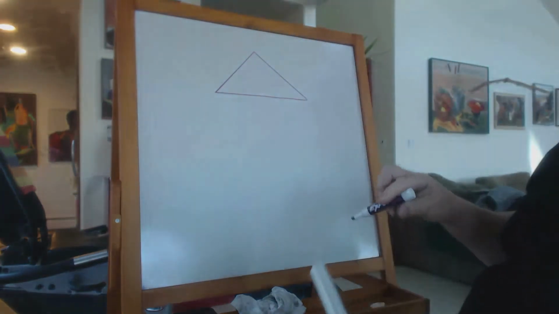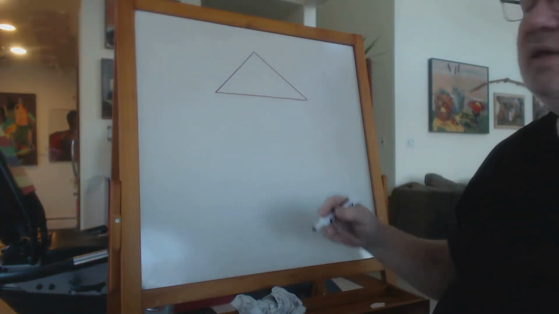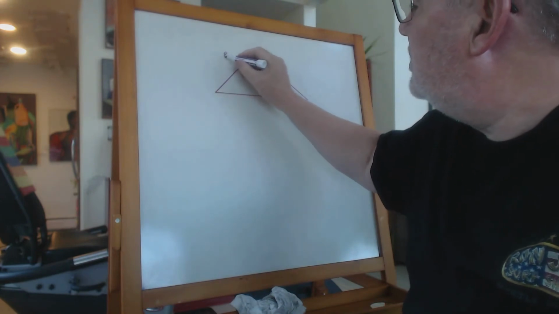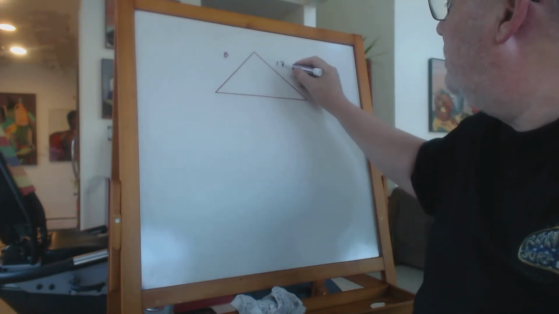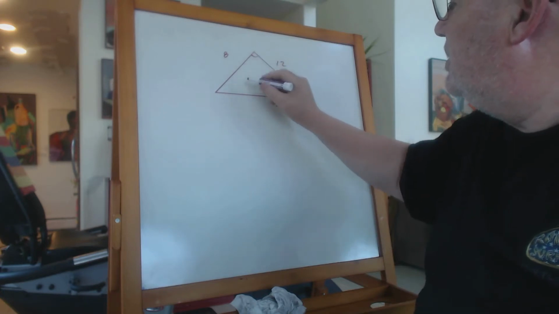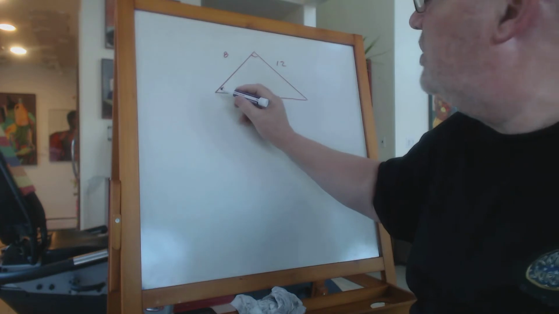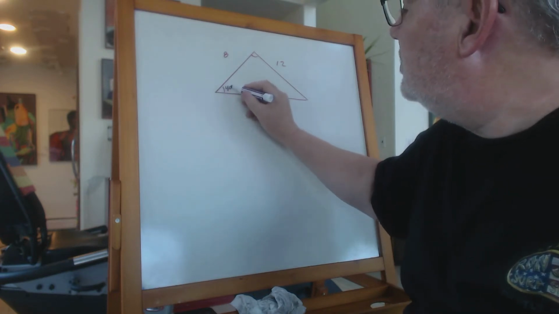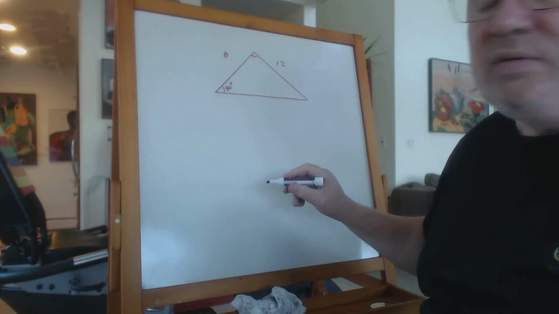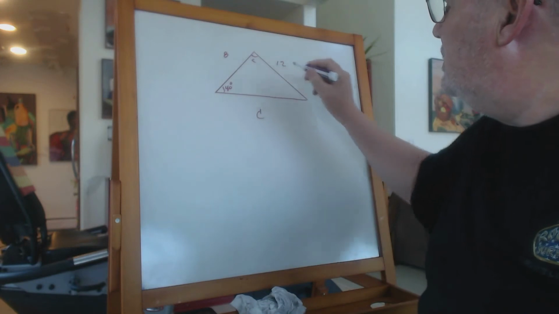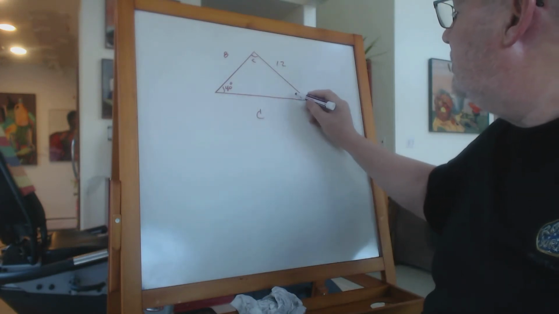All right. And we're given that this side is 8, this side is 12. We know that this angle is 40 degrees, and we're given C, the angle C, and the angle B.